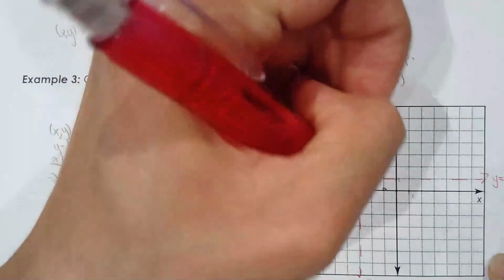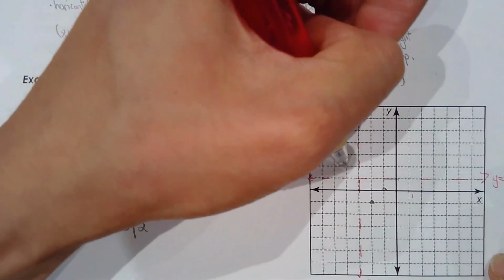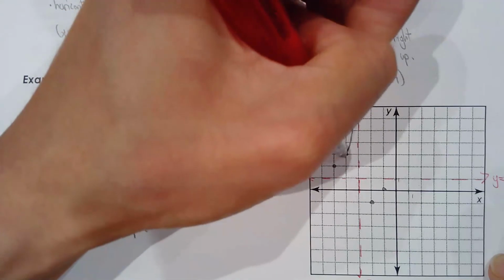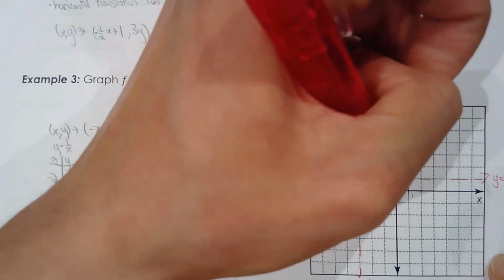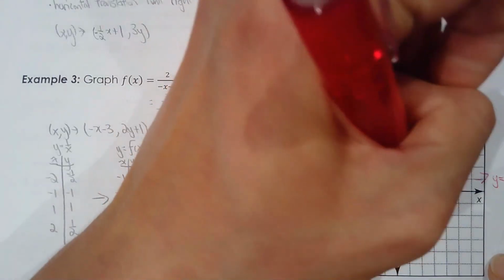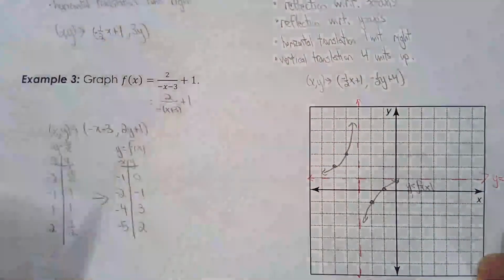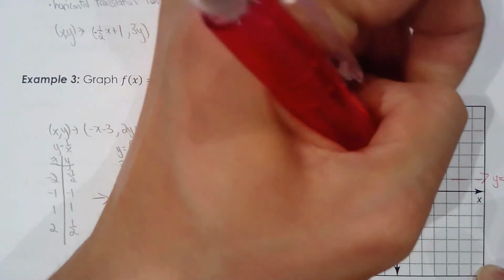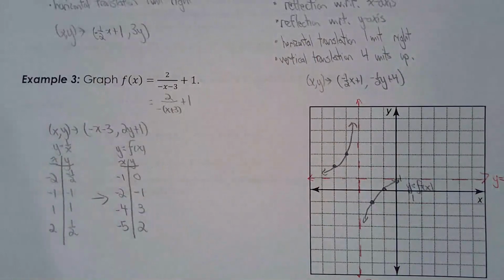All right, negative 1, 0. Negative 2, negative 1. Ooh, that looks good. Negative 4, 3. And negative 5, 2. Perfect. Looks beautiful. Y equals f of x. The scaling is 1, 1. It kind of got covered. Well, we can live with that. So that's it. We combined all of our transformations.